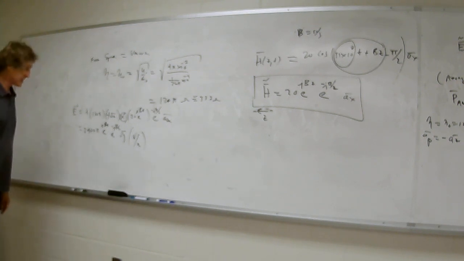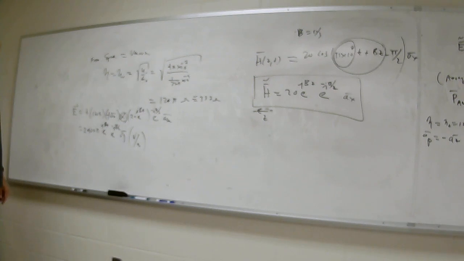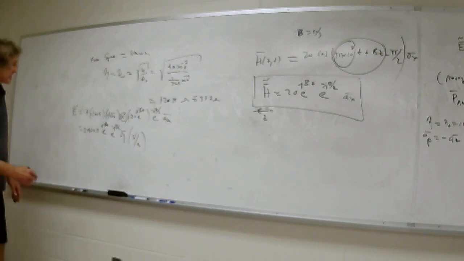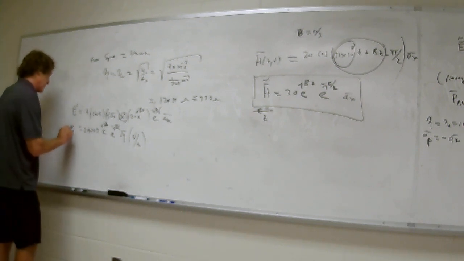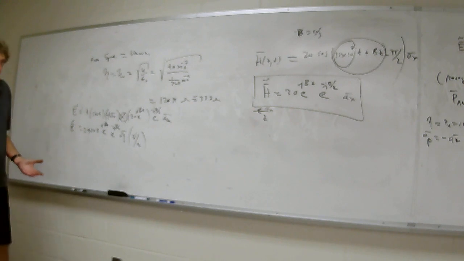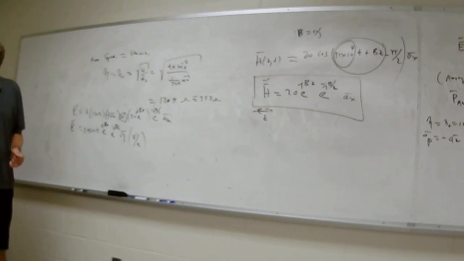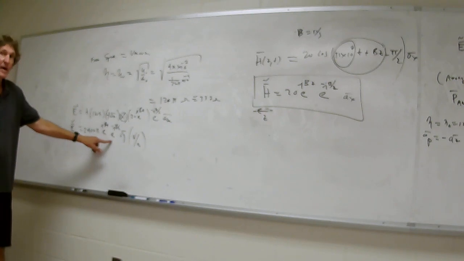I mean, this is in the phasor domain, right? How do I get it in the time domain? We just go back. Technically, you multiply this by e to the j omega t, and then take the real part, right?